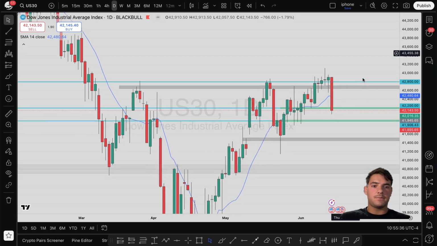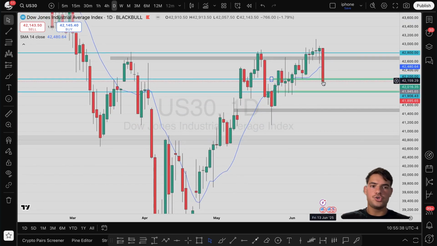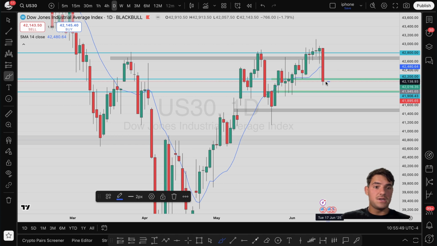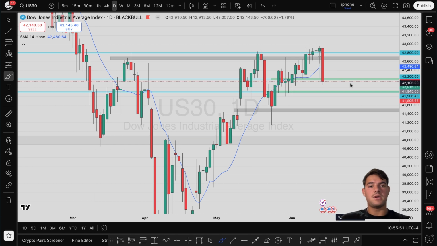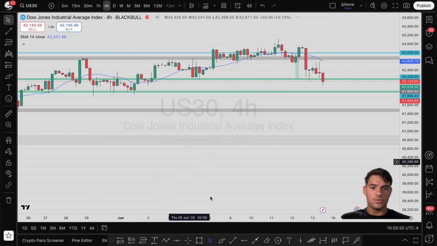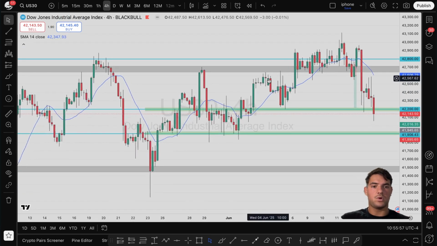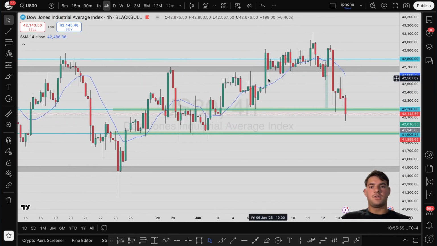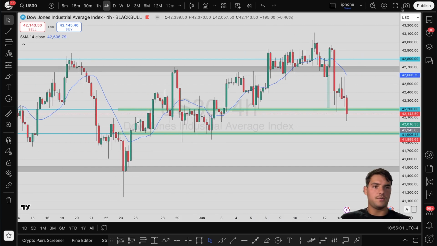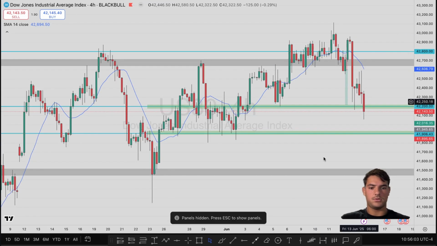Okay, daily time frame, this huge red candle, which again, I am not making any decisions yet, but it doesn't make sense for me to sell here and doesn't make sense for me to buy here. So let me show you guys what I would do on the 4-hour time frame and 1-hour time frame. If I look at this chart on the 4-hour time frame, let me put this whole screen.